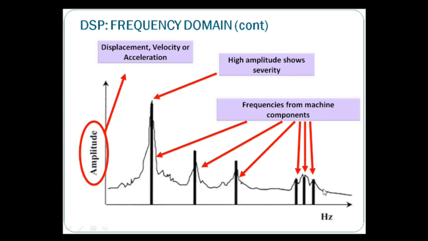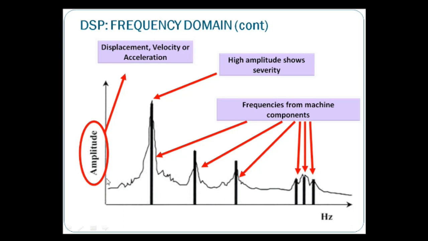Whatever appears in the time domain will show as a peak in the frequency domain. The y-axis is the amplitude, or what we call the severity.